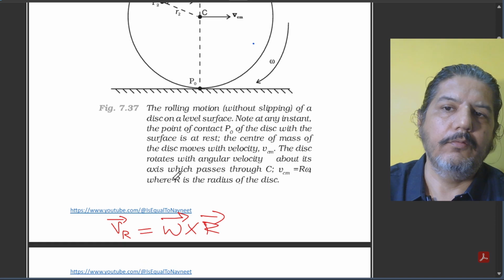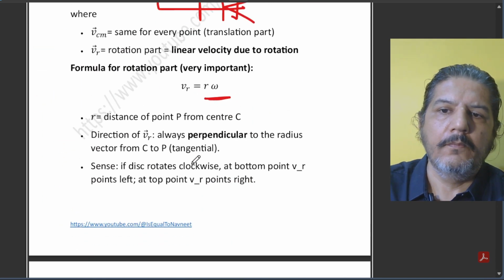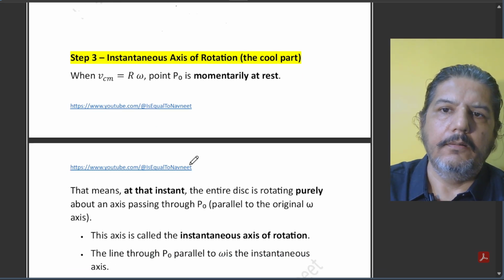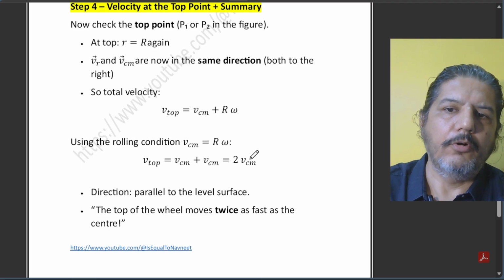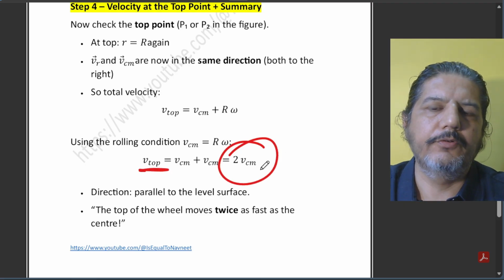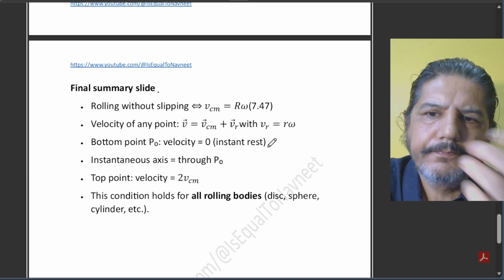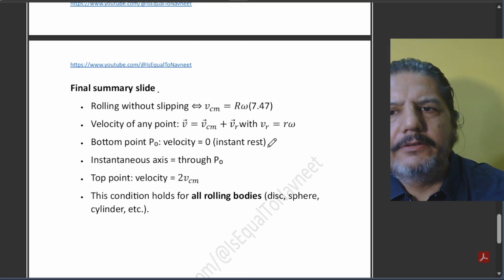What that implied was that the lowest point is at 0, and the top also we calculated, V top is equal to twice of Vcm.